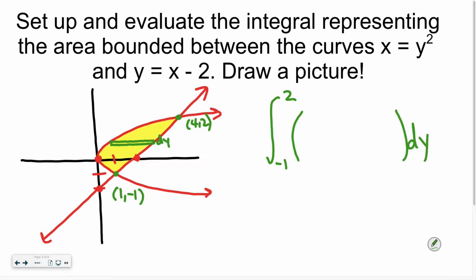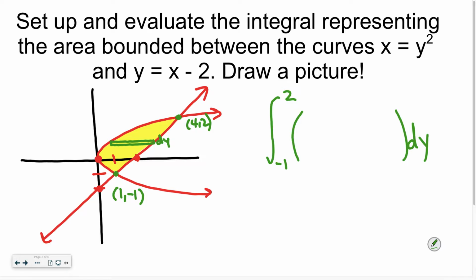And now we're going to talk about right function minus left function. Look at your rectangle. That can really help you see it. What's on the very right of our rectangle? Well, it's the line. Now, can we put in the line x minus 2?